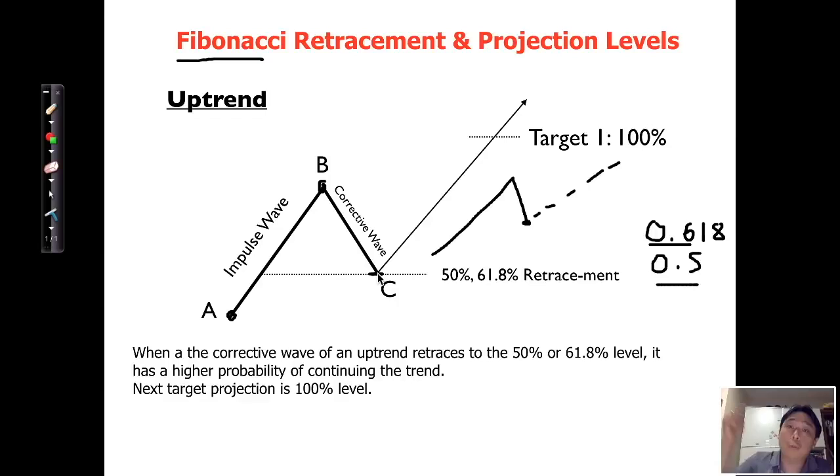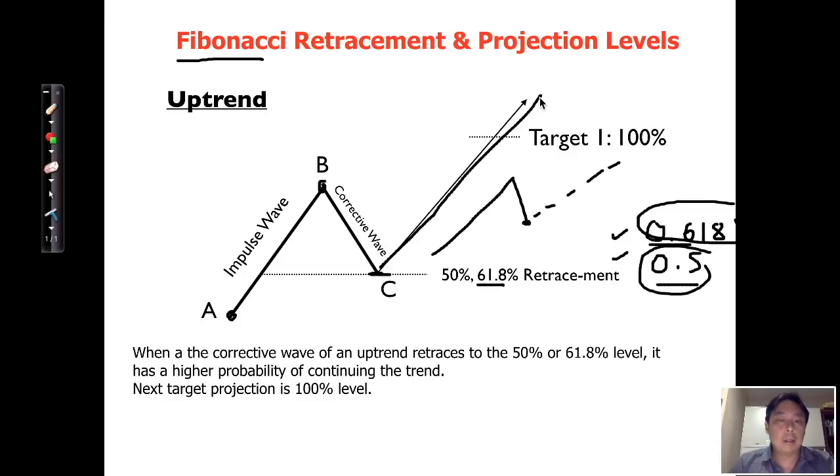In other words, where we want to buy, right? Now, C should be at a 61.8% retracement level, or at a 50% retracement level. If it is either a 61.8 or 50% level, there's a very high probability that if you buy there, you will experience the next upward wave pattern.